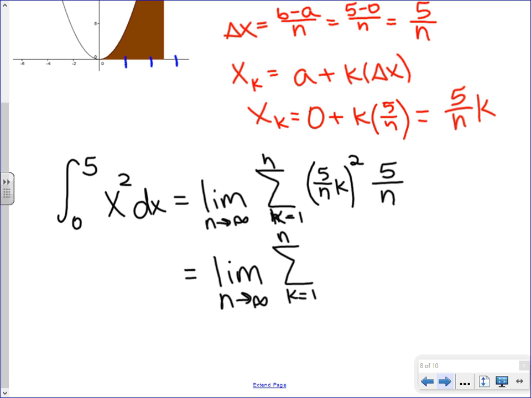So if we multiply this out, we have 5 squared over n squared times k squared, and that is being multiplied by 5 over n. So what we have is 125 over n cubed times k squared. Do you agree?